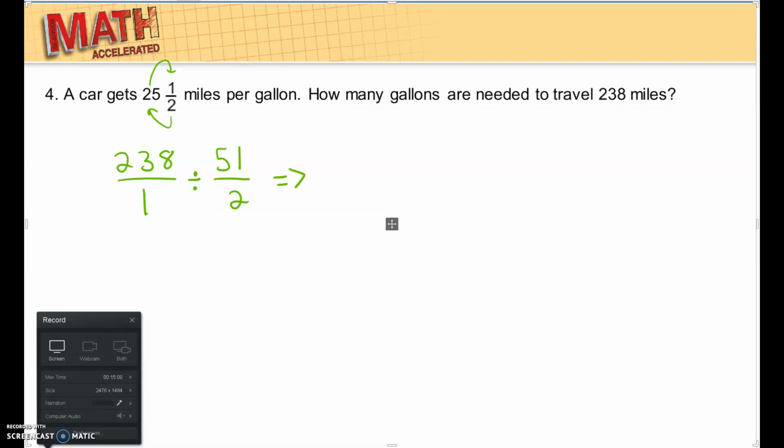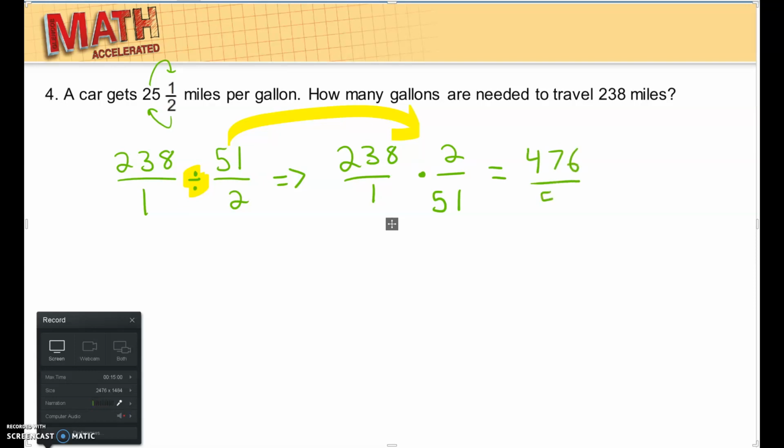Which means flip, skip, and multiply. So 238 over 1 times 2 over 51. Remember, division means flip that second fraction, multiply by the reciprocal. So 238 times 2 is 476 over 51. And then we could simplify it if we can.